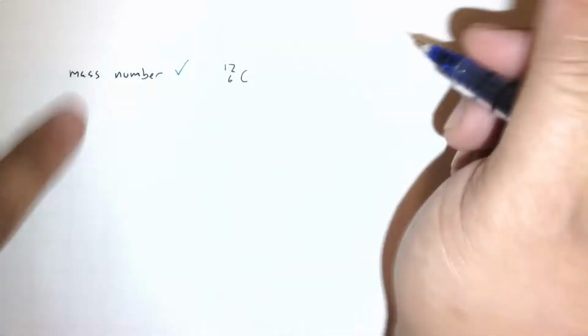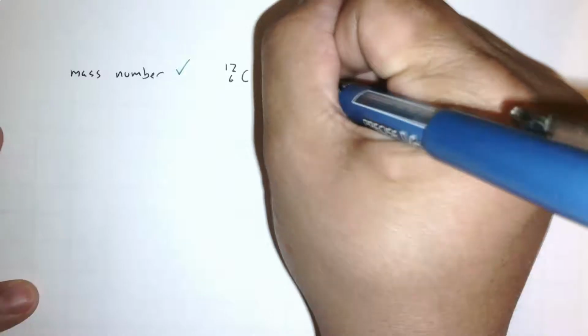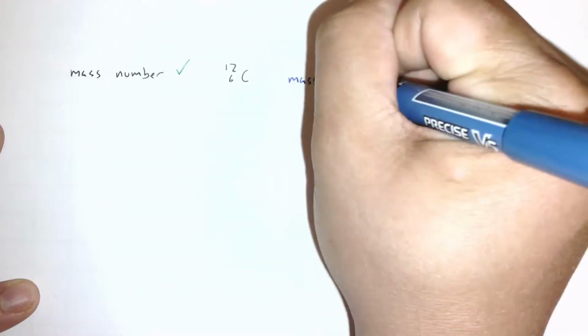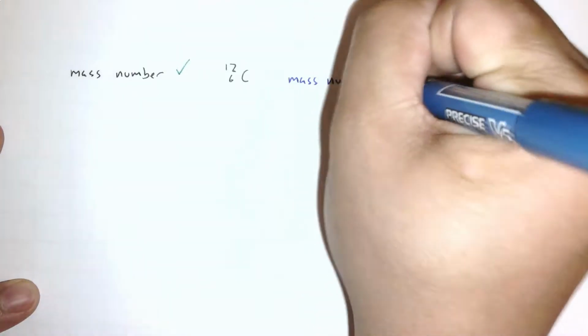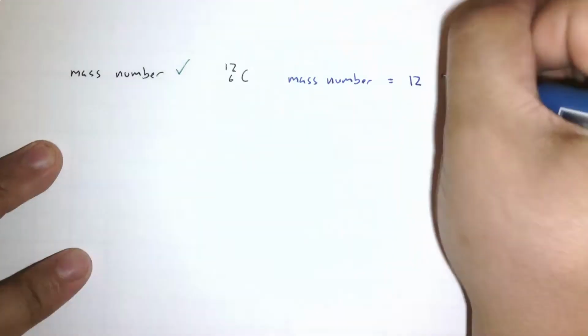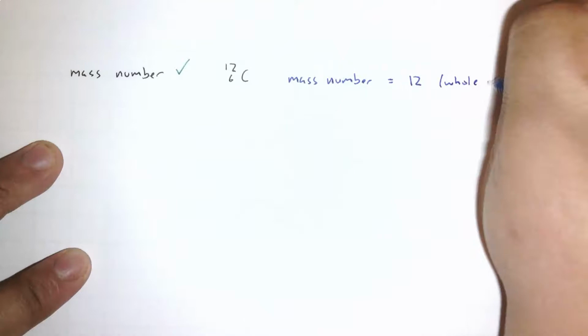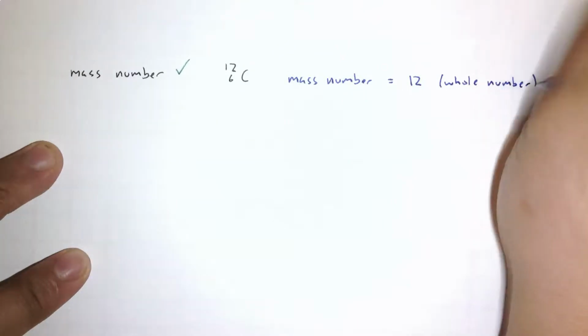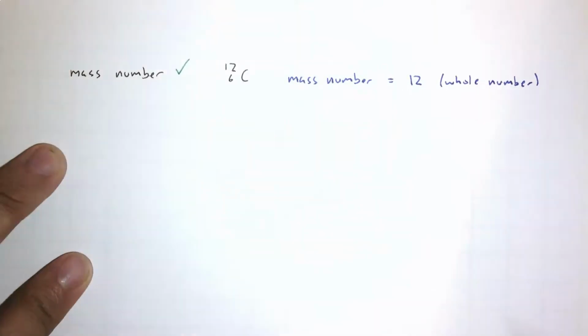It's the number of protons plus neutrons. Mass number equals 12. It's a whole number, right? You can't have really half a proton or 0.35 neutrons.